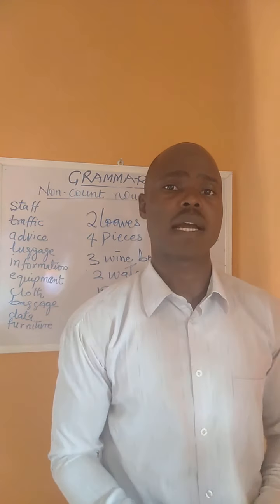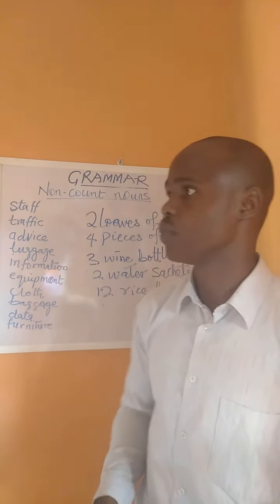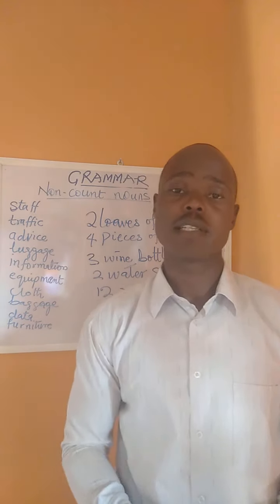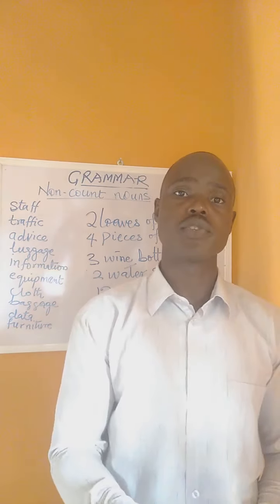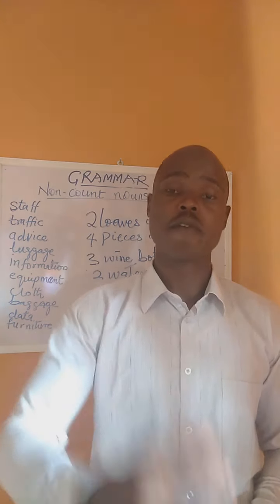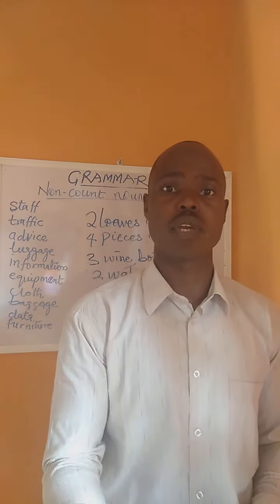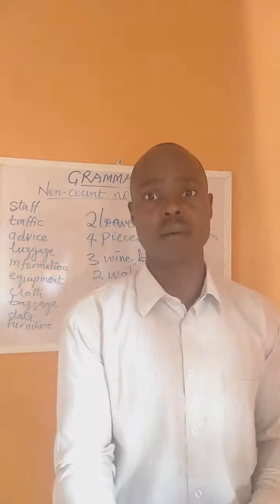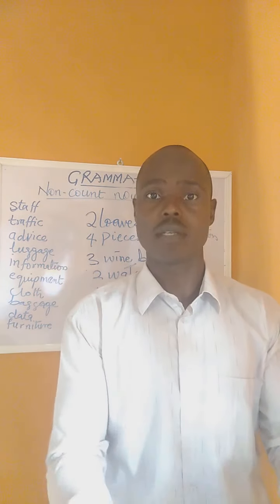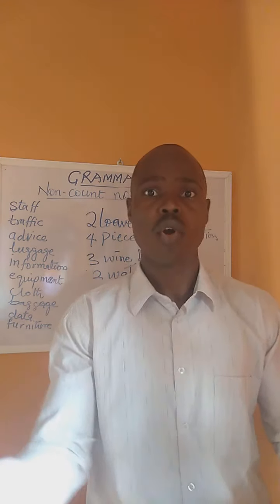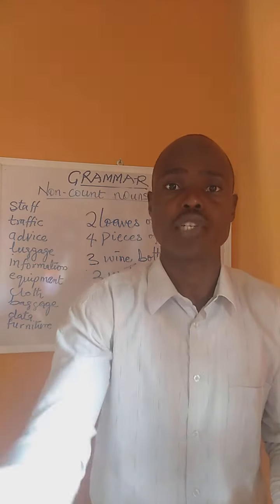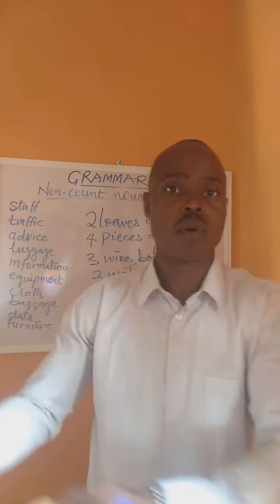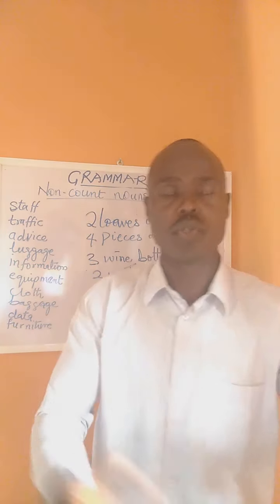Now let's quickly look at some determiners we can use with these nouns. By determiners we mean the word you choose to introduce a particular noun, or to give information about the quantity. So quantifiers are also determiners.